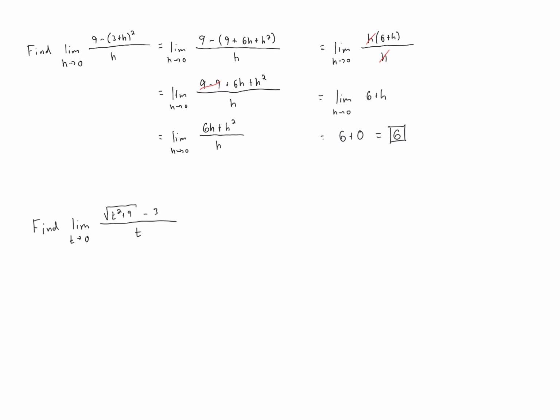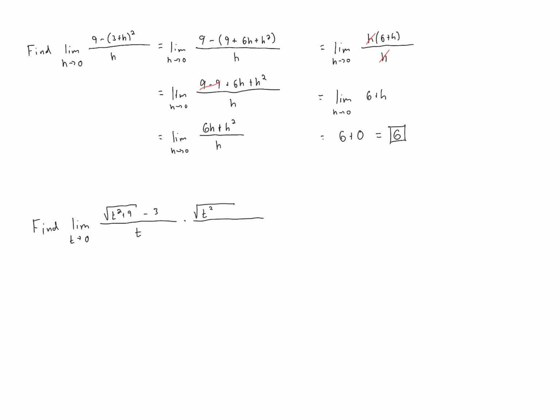And there is a neat trick that we can use here when we've got something that looks kind of like a rational function, but there's a square root somewhere. We can multiply the numerator and denominator by kind of the conjugate of this. Instead of that square root minus 3, we can multiply by that square root plus 3.